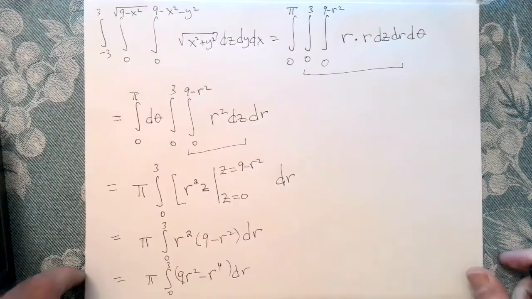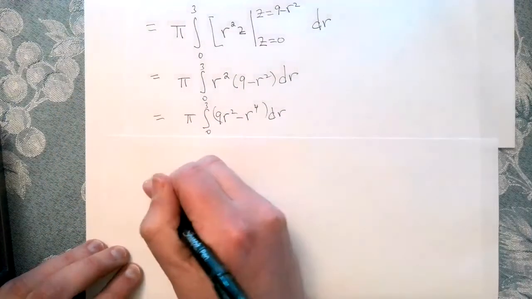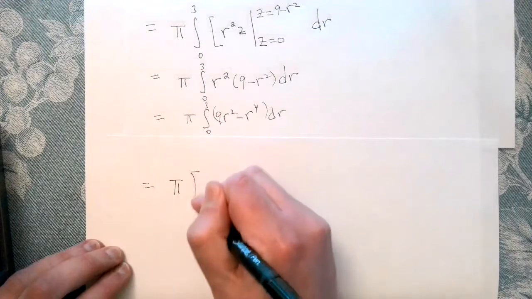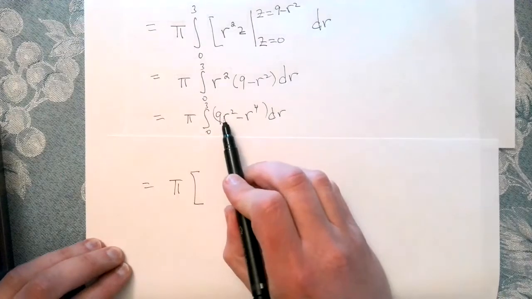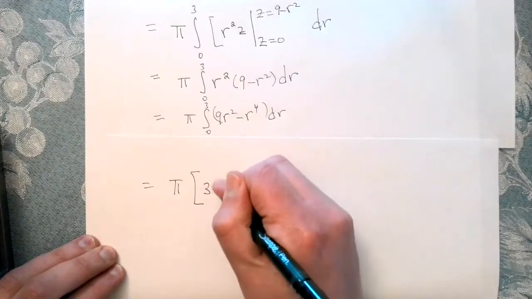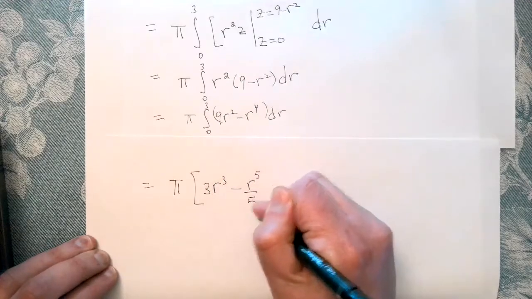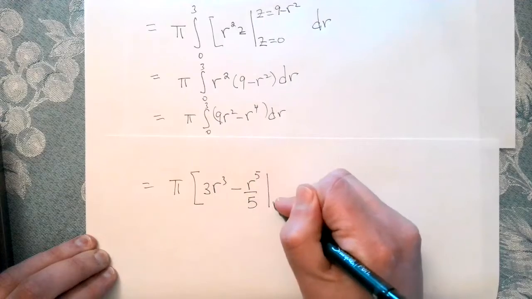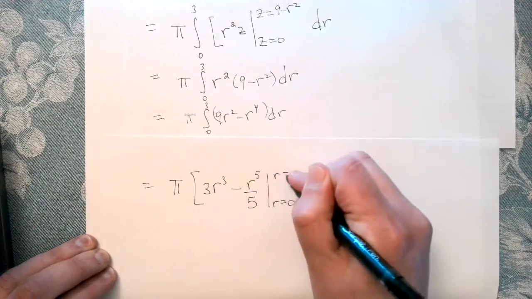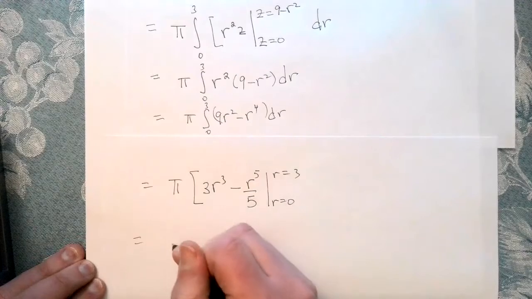This we can just take care of via the power rule. So by the power rule, we get the following. This will be 9r cubed over 3, so that's going to be 3r cubed minus r to the 5th over 5, again by the power rule, from r equals 0 to r equals 3, but I only get a contribution at 3.